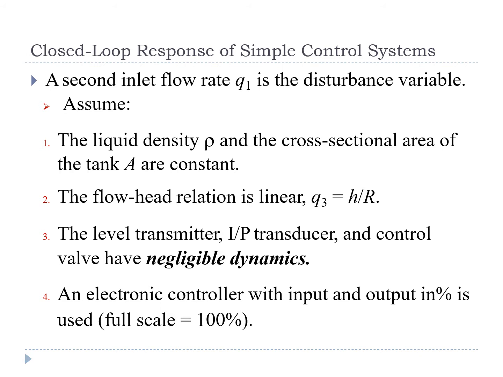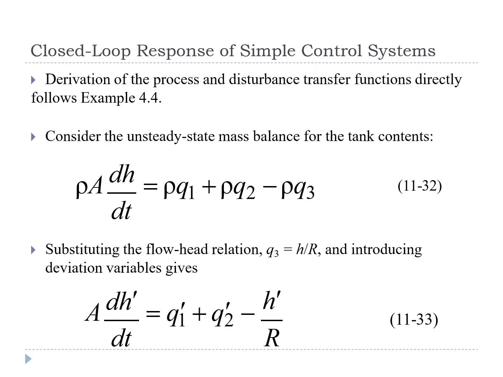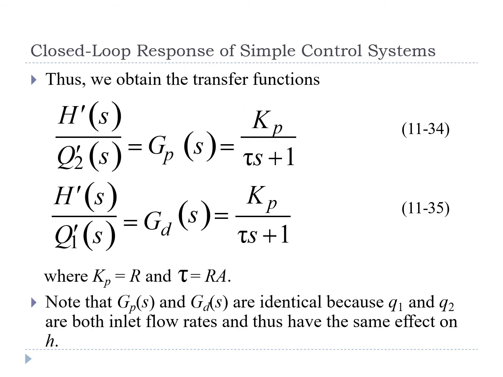This is the assumption that we use to derive the dynamic model for this system. As we discussed earlier, starting with a mass balance and then introducing the deviation variable, finally you can obtain the transfer function for the process GP and the transfer function of the disturbance.